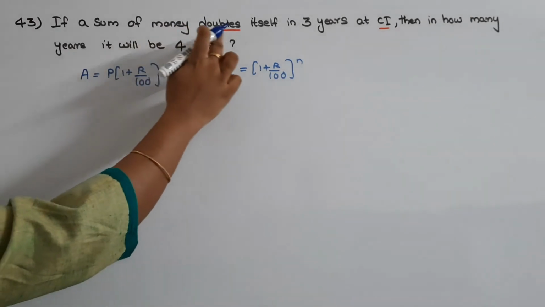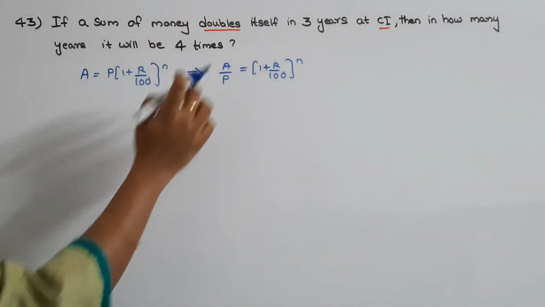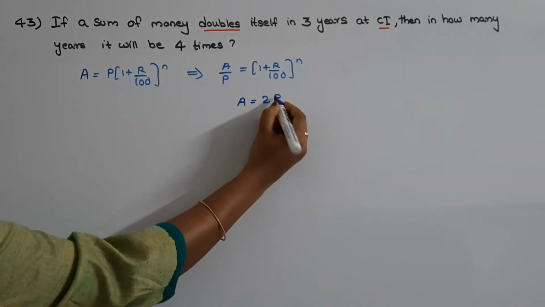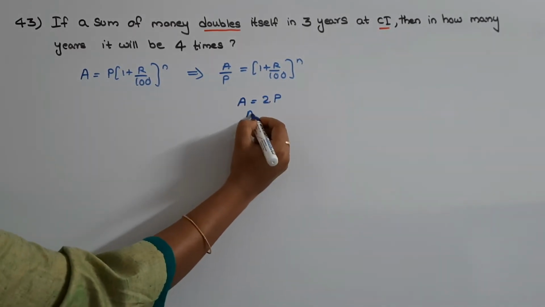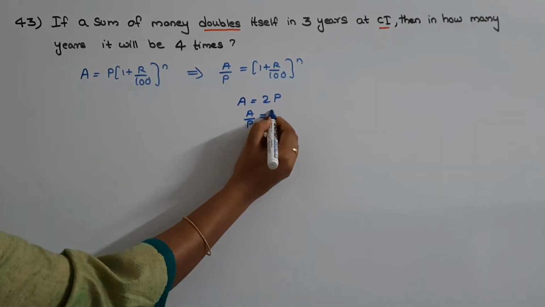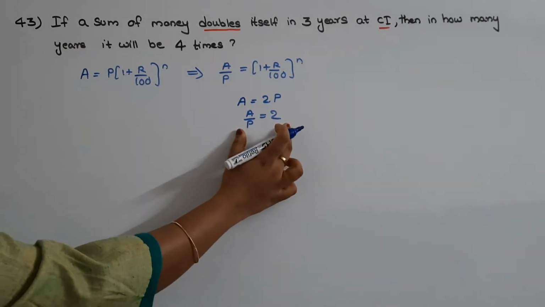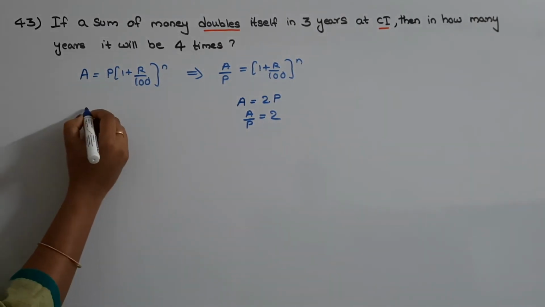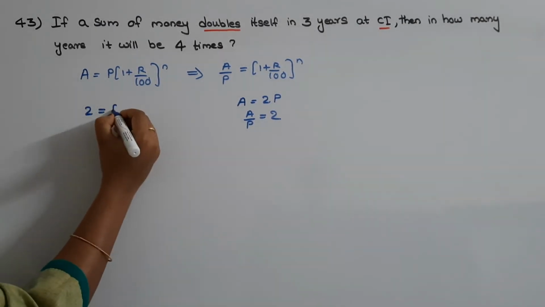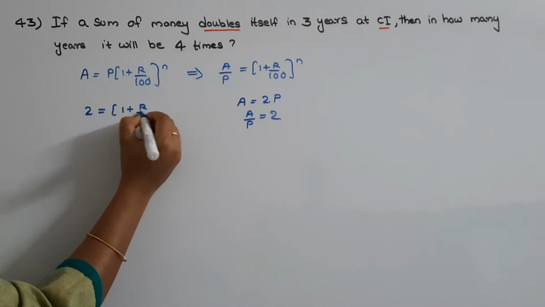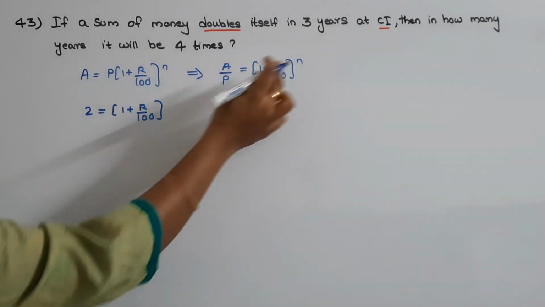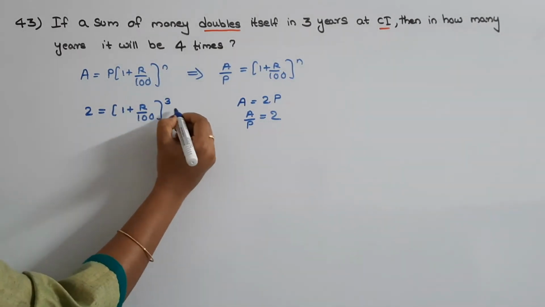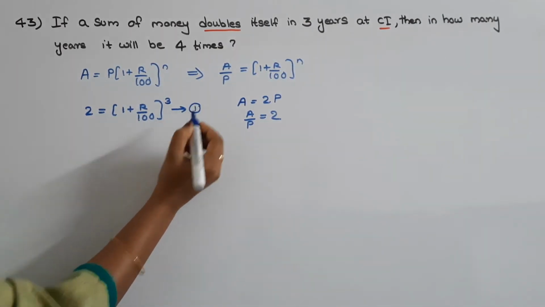Now in the question they are telling that amount is double that of the principal, or we can write this as A by P is equal to 2. So on substituting this A by P value in this equation, we will get 2 is equal to 1 plus r by 100 whole raised to n. This n value is equal to 3. So let us consider this as the first equation.